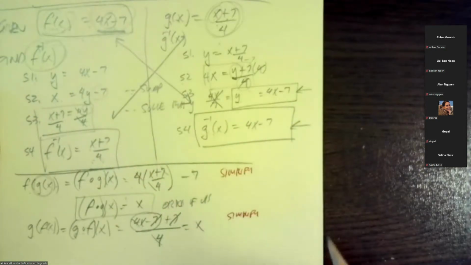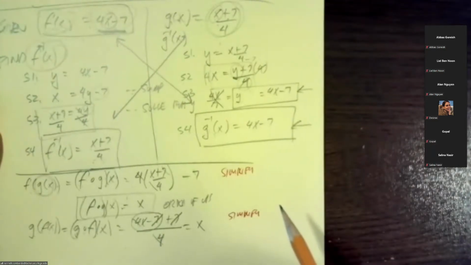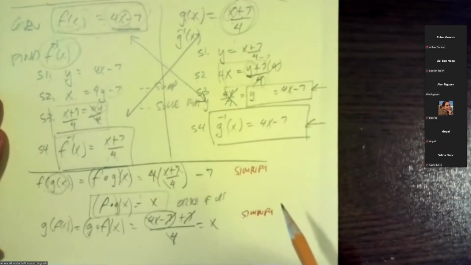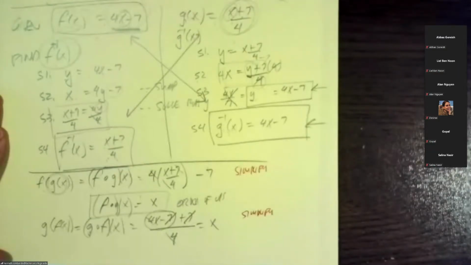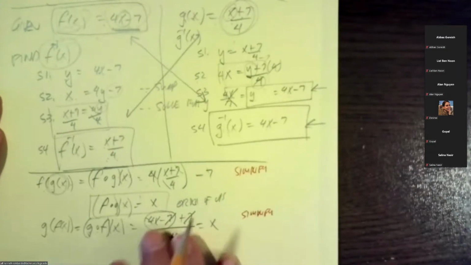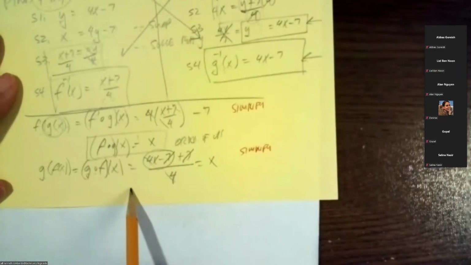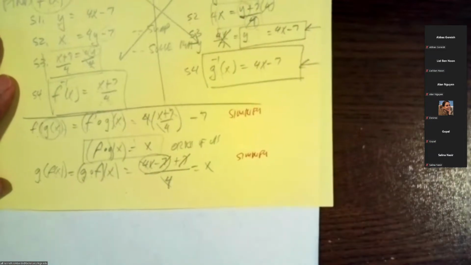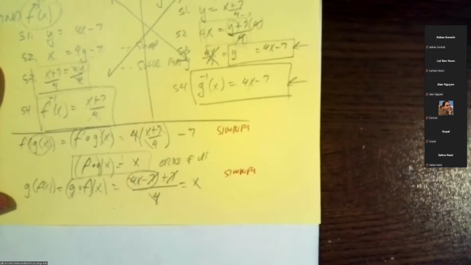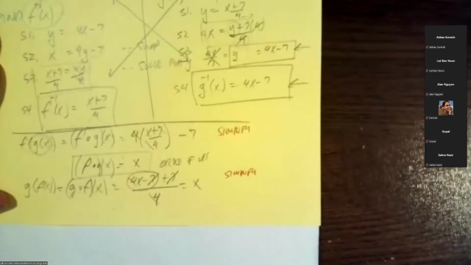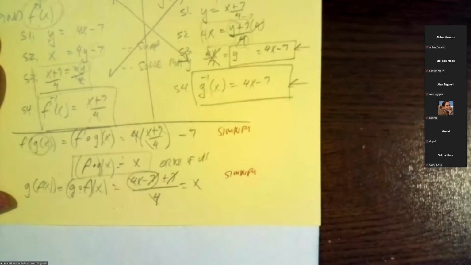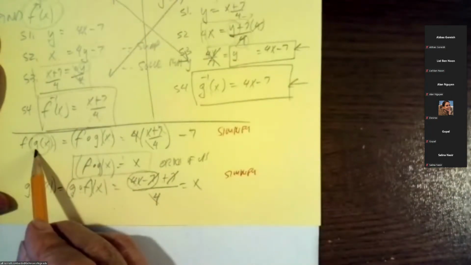Okay. Other questions? Okay, thank you. So basically what you're saying is, in word form, if the two functions are inverses of each other, it'll equal x.